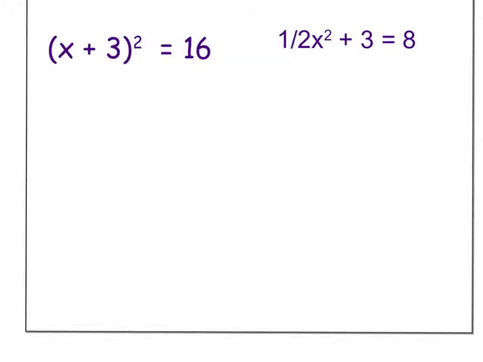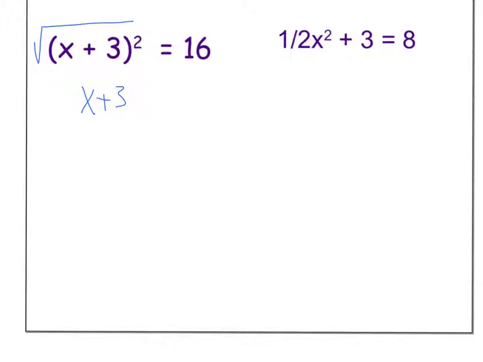So, a couple of trickier examples. Here, I want you to remember that the base is whatever is right in front of the exponent, so this is your base. This is what you have to get on a side by itself. And once you do, you can solve by taking the square root of both sides. So the square root of x plus 3 squared is x plus 3.